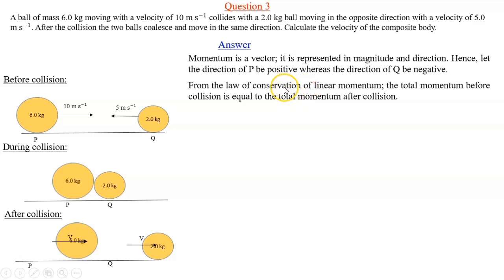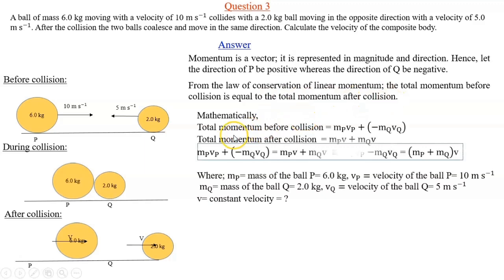From the conservation of linear momentum, the total momentum before collision is equal to the total momentum after collision. Mathematically, total momentum before collision is given to be mp vp plus, in bracket, minus mq vq.